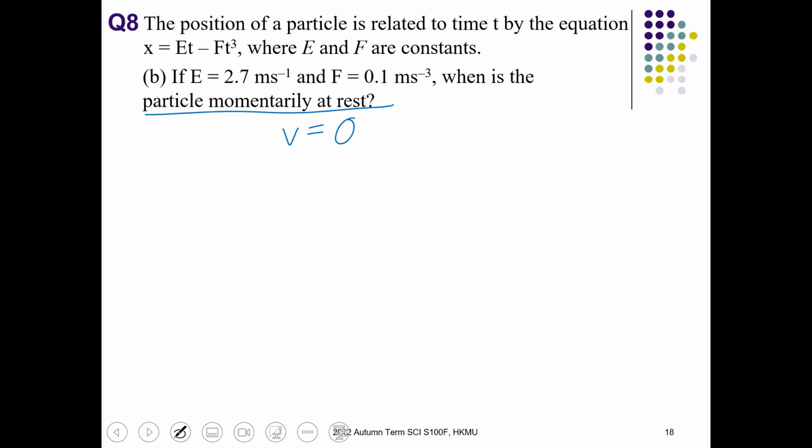If we take the first derivative of the displacement versus time, this is exactly equal to the velocity. What we know is that v equals dx by dt, or you can say ds by dt. In a displacement-time graph, the slope equals the velocity. This is what we have from this expression.